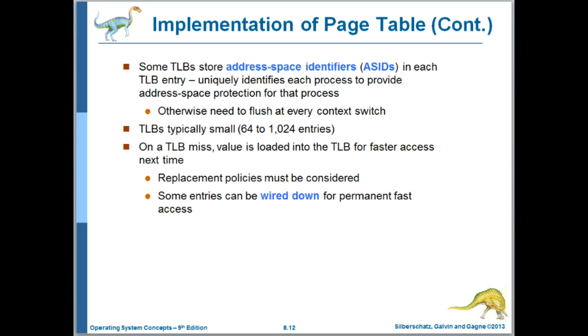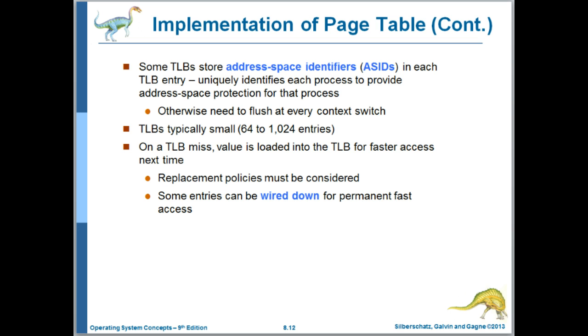Now when a context switch occurs, all of those cached entries in the TLB would be invalidated because now we're working with the address space of a different process. But given the frequency at which context switches occur and the way processes tend to use memory, it's not always advantageous to purge the translation look-aside buffer.